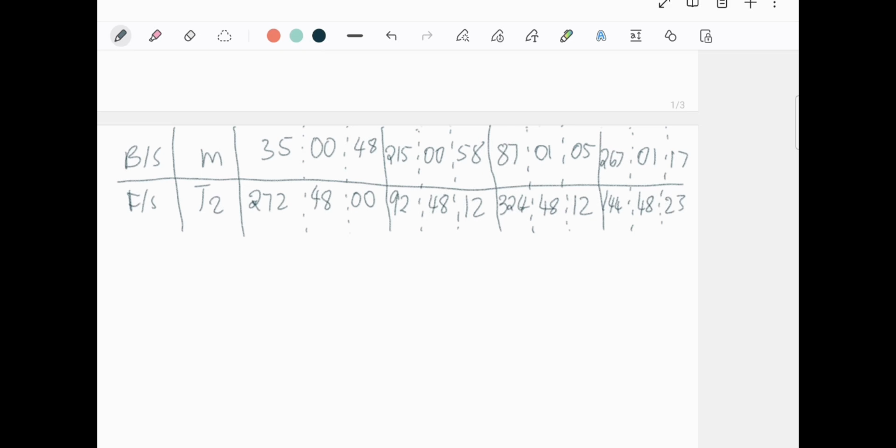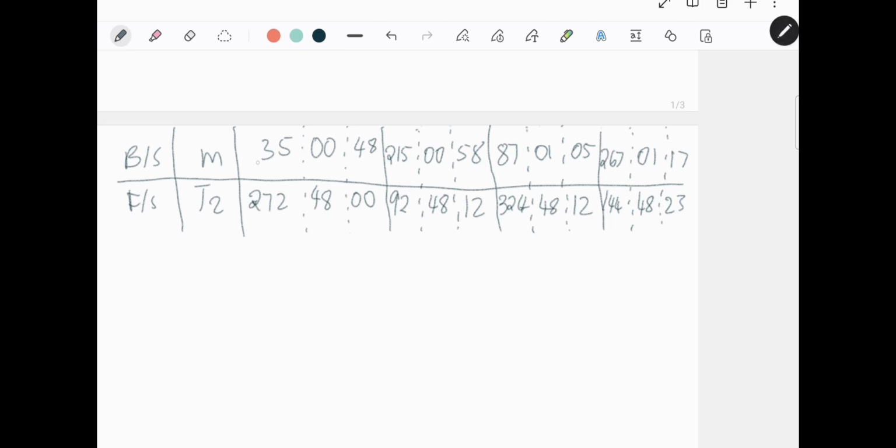Those solid lines represent other bearings. Now 350048 and 272048 are in the same sort of column. Then 2150058 and 924812 are also in the same column.